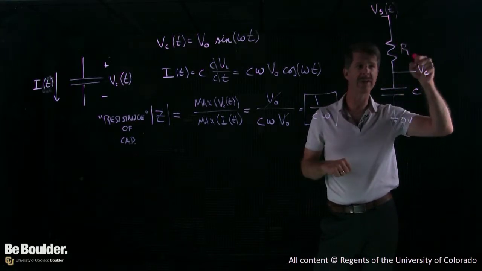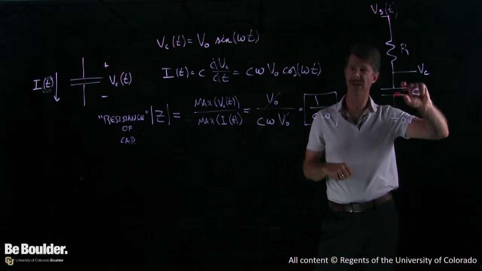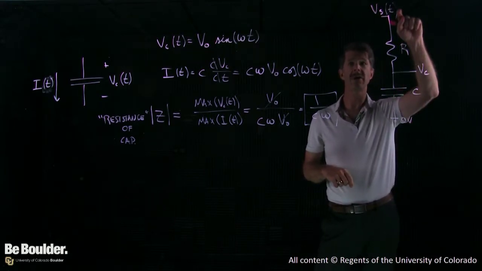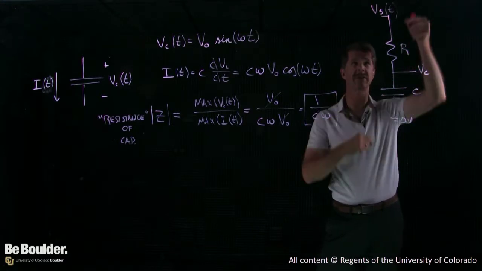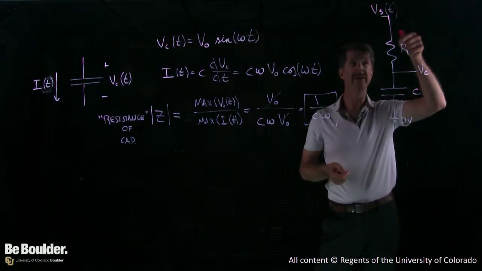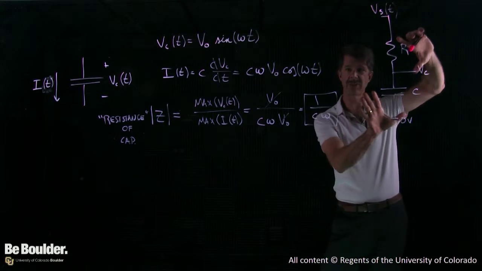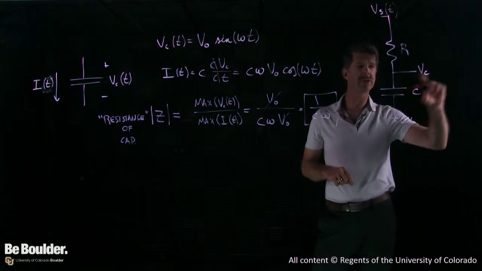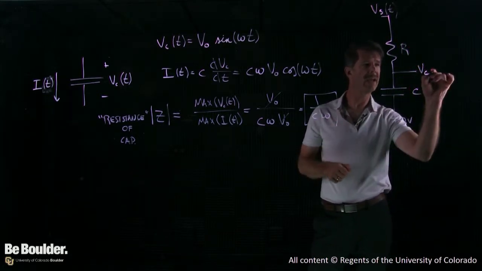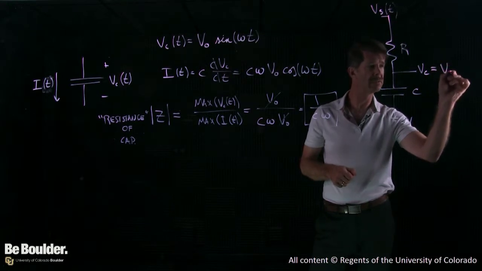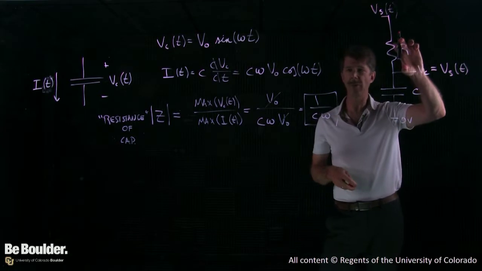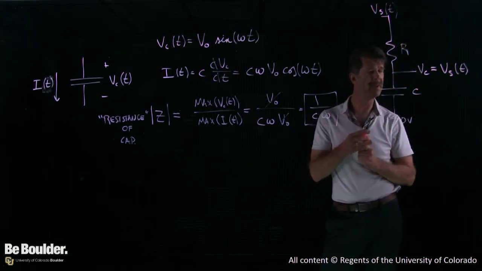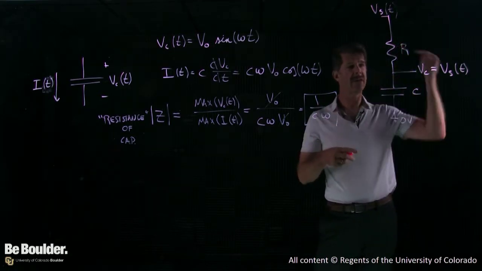The capacitor would charge up to about the source voltage, because this system can respond faster than my signal is varying. This is slow. This system responds quickly. So my capacitor always charges up, and in that case, VC equals V source. So it would just pass through. There'd be almost no current all the time. That's for the case at very low frequency.